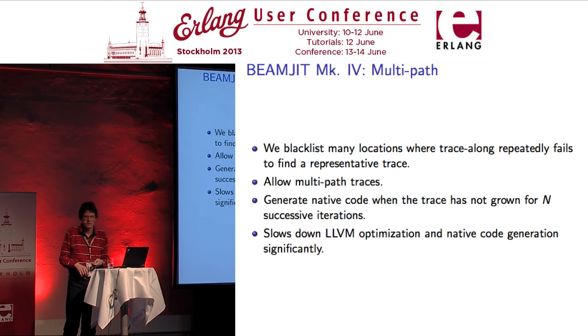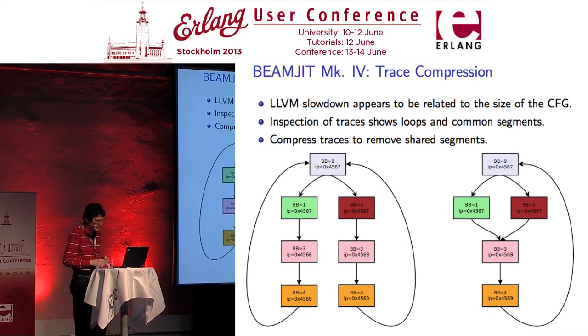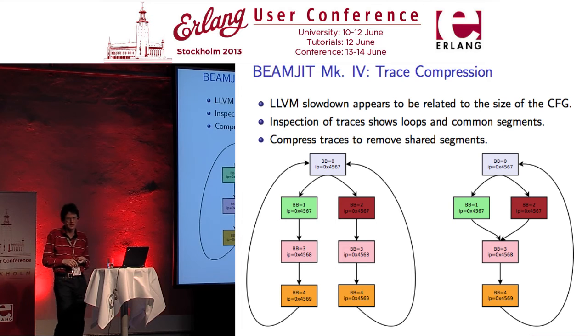Unfortunately, then we get another performance hit, namely that it appears that a lot of LLVM's optimization and also native code generation is pretty sensitive to the number of basic blocks we give it, to the size of the control flow graph. So to try to solve that, I introduced something I call trace compression.